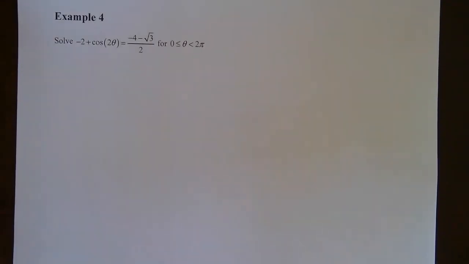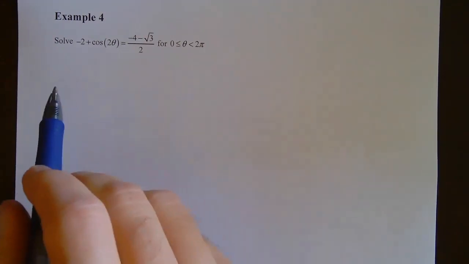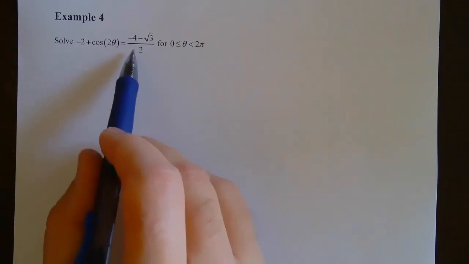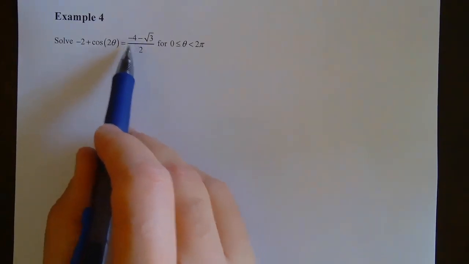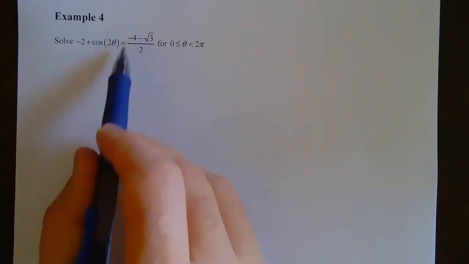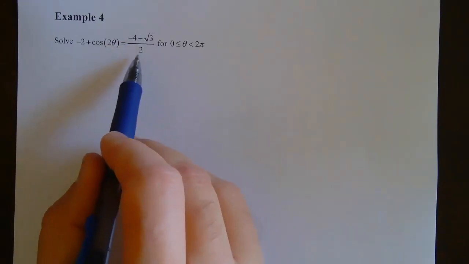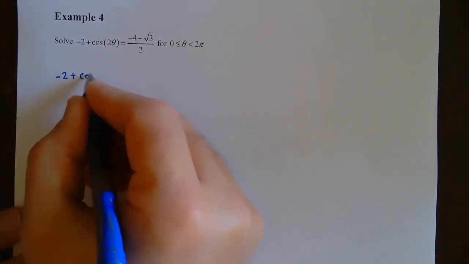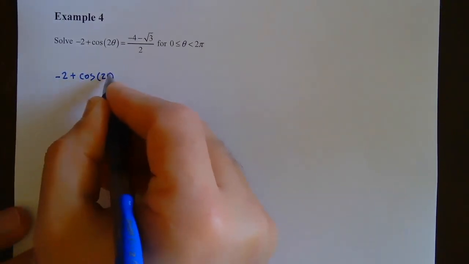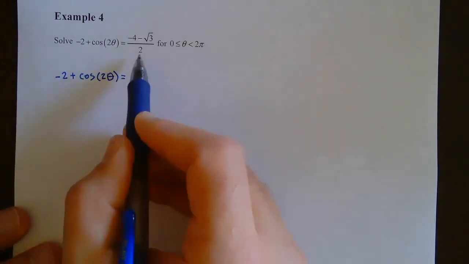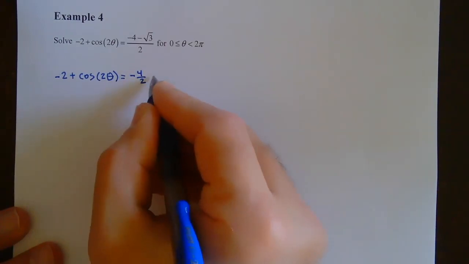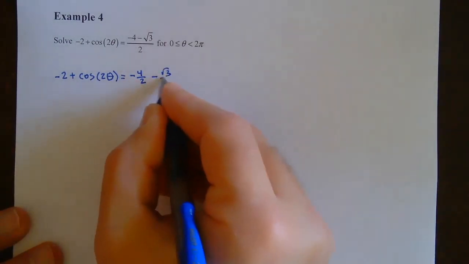This problem is going to be a little bit harder, okay? So what I want to do first is, I noticed that I can reduce this a little bit, because this came from combining two fractions with a common denominator of 2. So this is -2 plus cosine of 2 theta is equal to, and so this would be -4 over 2, and then minus the square root of 3 over 2.